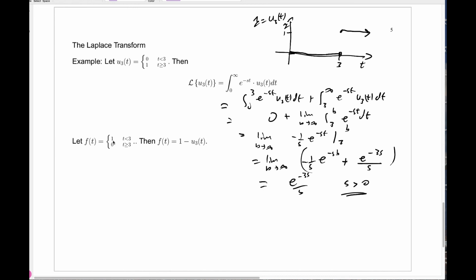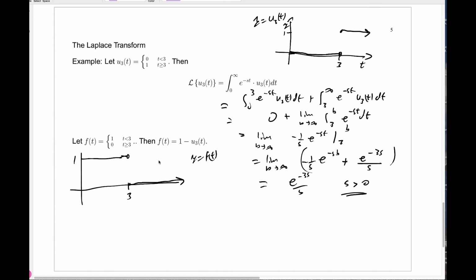And what can we do with that? Well, let's say I want to flip this step function around and ask, what about this function f of t, which is 1 when t is less than 3. So here's 3. I want the graph of y equals f of t to look like this, where it's 1 until you get out to 3, and then 0 everywhere else.